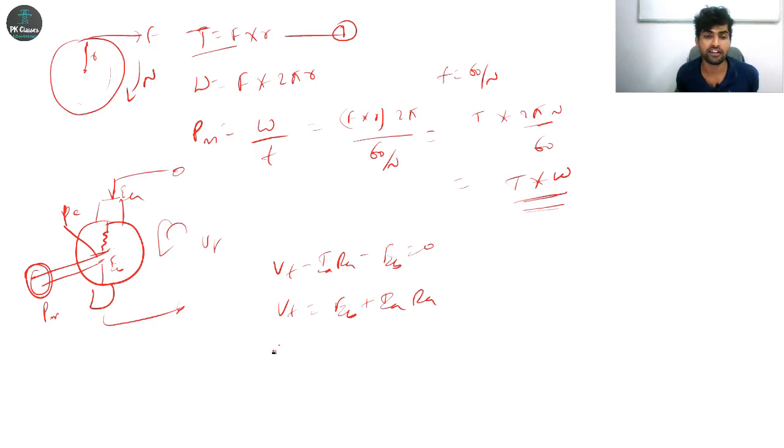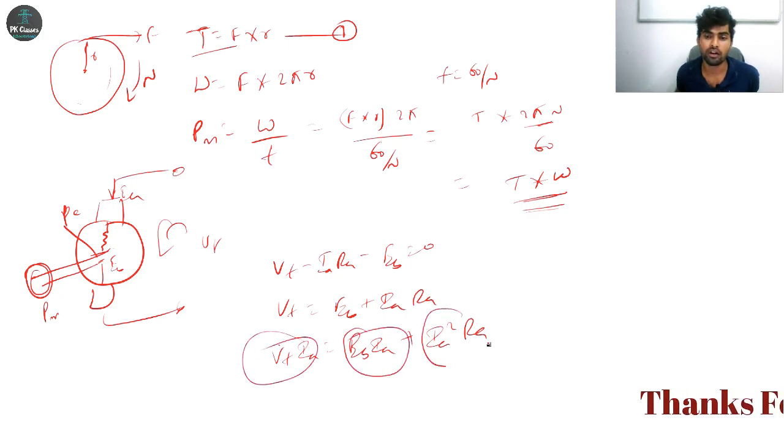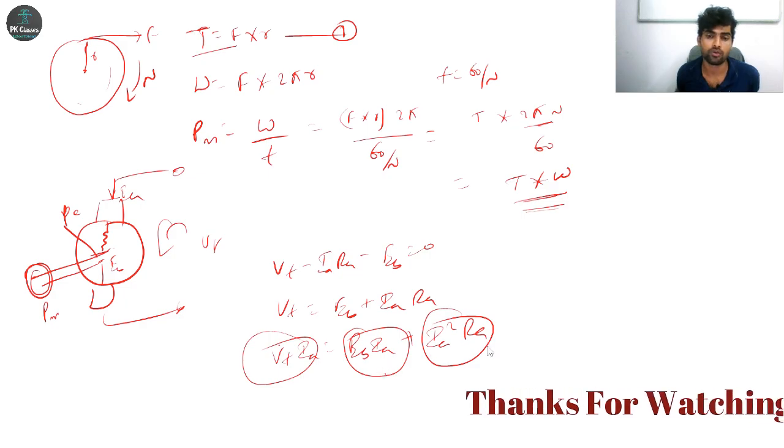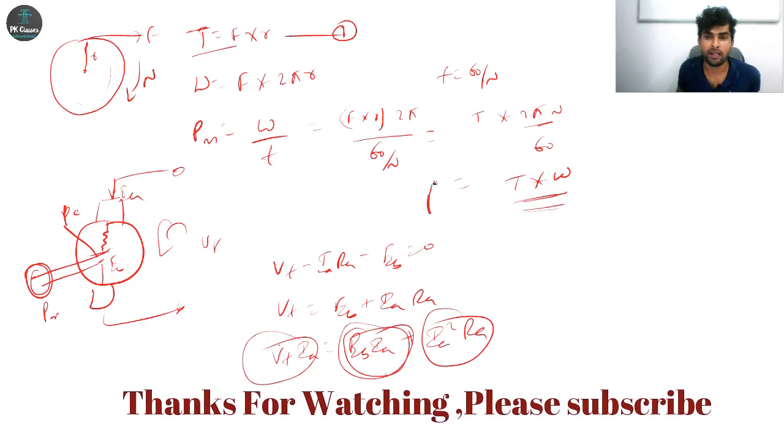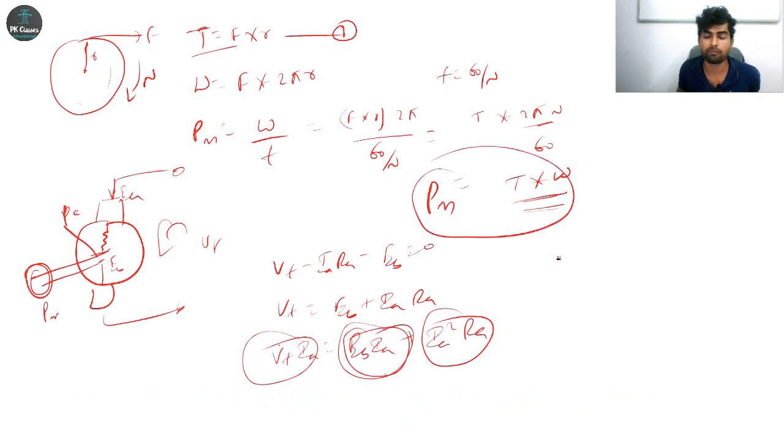Multiply current throughout the equation: Vt into Ia is Eb into Ia plus Ia square Ra. So this is power input, power output, losses. Input is equal to output plus losses. This Eb Ia is PM, mechanical power developed. So PM is equal to PE, so PM is T into omega is equal to Eb into Ia.